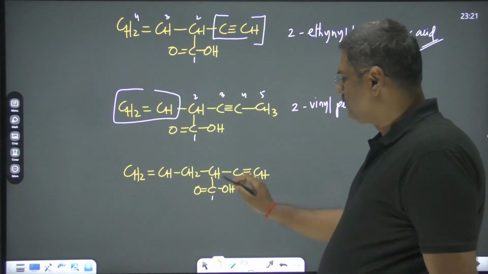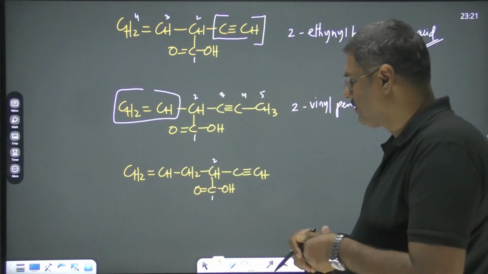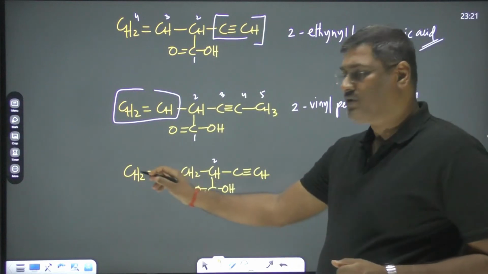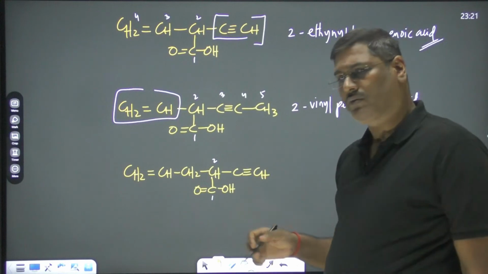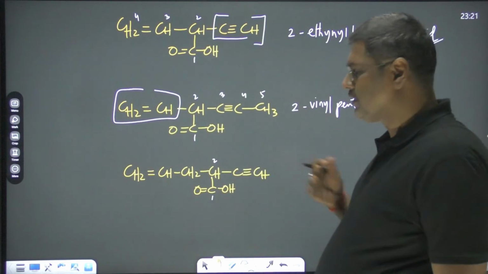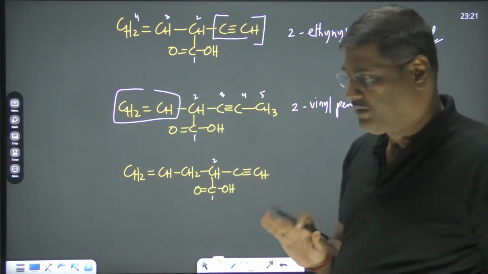Right? This one is 1, this one is 2. Now what to do? This time, as I told you, this contains more number of carbon atoms with double bond. This contains triple bond with less number of carbon atoms. Right? No one is our relative, huh? Neither this triple bond nor this double bond, right?